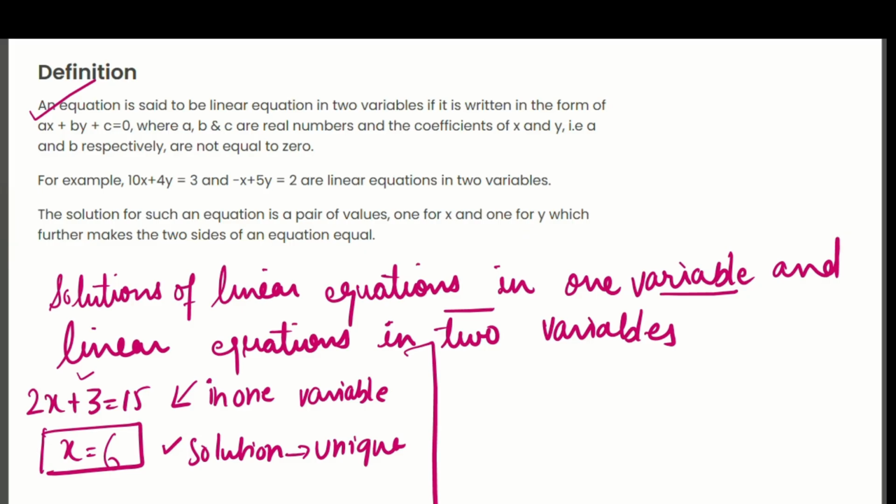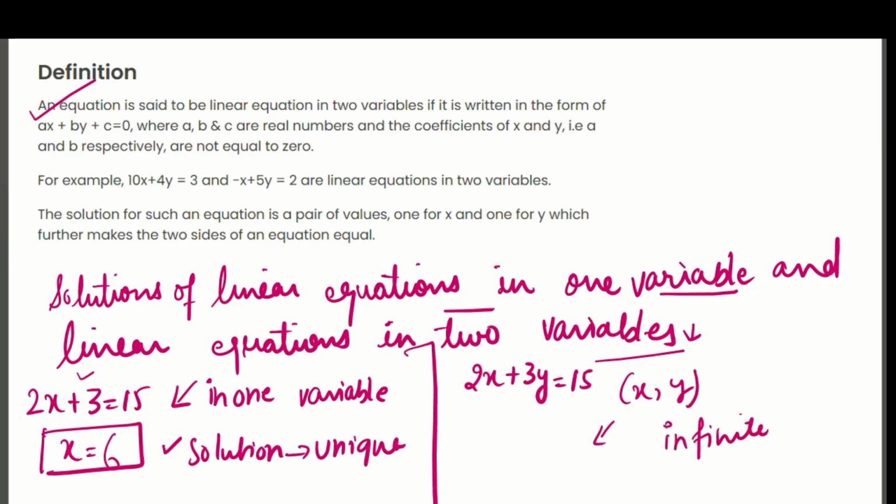But if we have a linear equation in two variables like 2x plus 3y is equal to 15, then one thing you have to remember is that the solution, the values of x and y, can be infinite, because there are a lot of numbers x and y that will satisfy this equation.